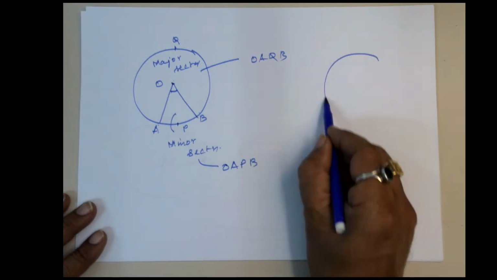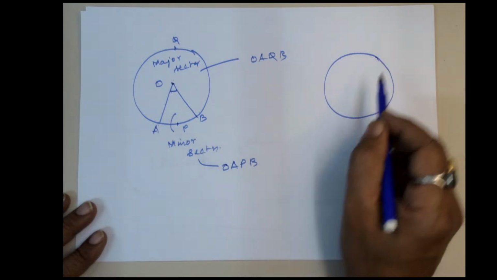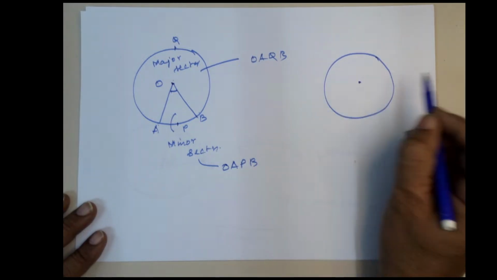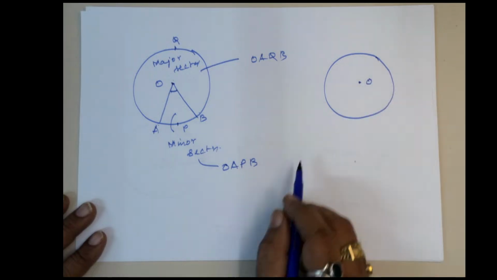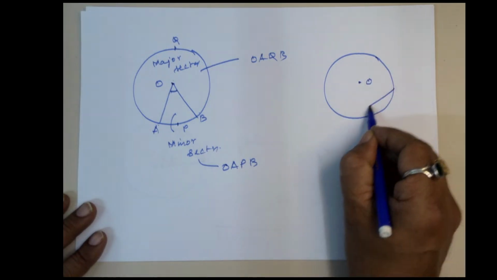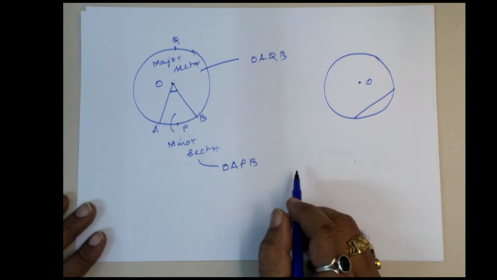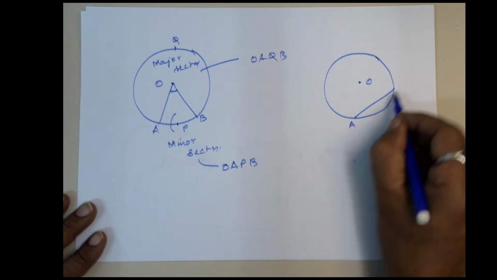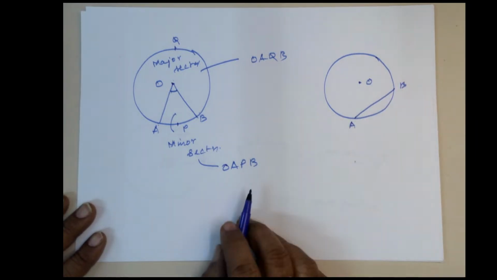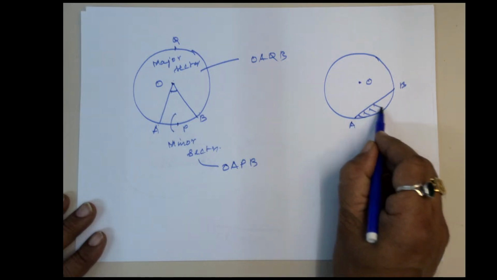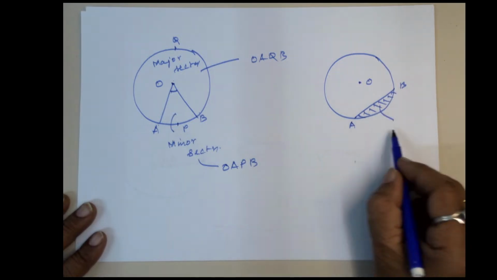Similarly, the segment. See, this is the center of the circle, that is O. Let me draw a chord here. So this is AB, and the chord length is AB. This portion is called the minor segment.